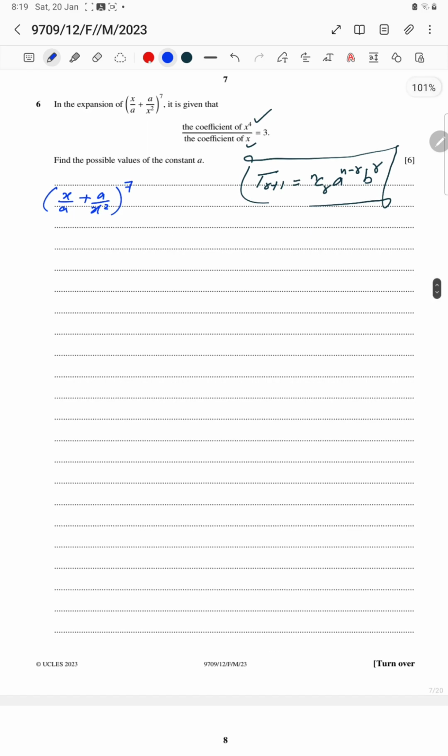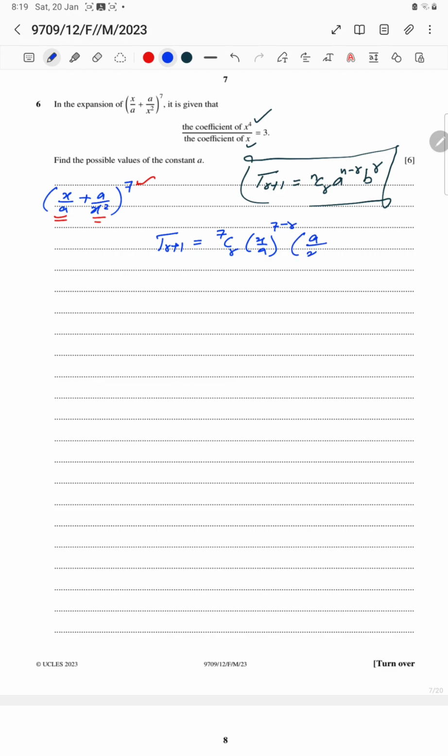Here, you know, the first term is what? A is this, B is this, n is this, right? So apply here. T(r+1) will remain r because we have to find the value of r. That is 7Cr. A is what? x upon a, the first term, to the power 7 − r.